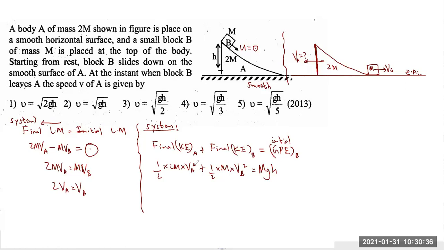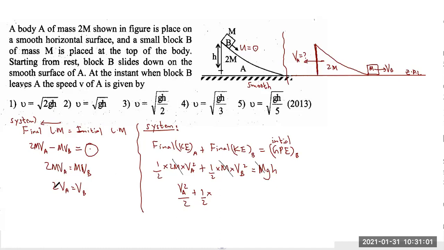So we can cancel out capital M from all these expressions. And I have to do one more thing. We need to find out the speed of A. I don't want VB in my equation, so I'm going to get rid of that.